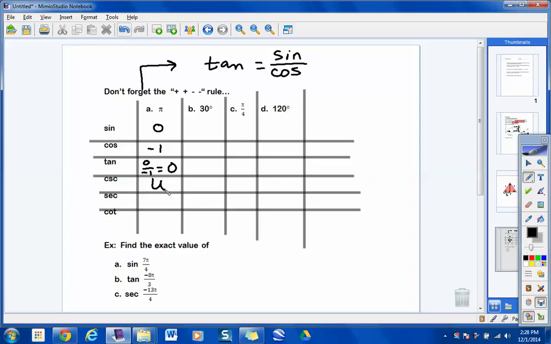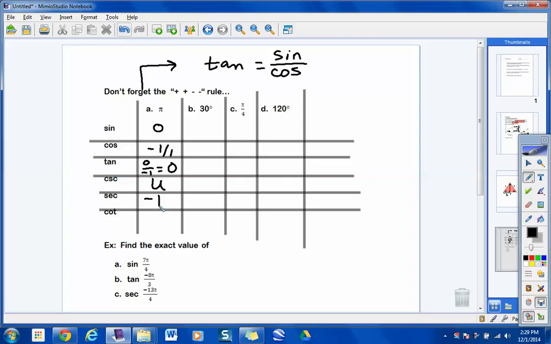How about the secant? That's going to be the reciprocal of cosine, isn't it? What's the reciprocal of -1? Careful on that. -1 is the same as -1 over 1, isn't it? So if I switch them around, 1 divided by -1 would still be what value? -1. So the reciprocal of -1 would still be -1.